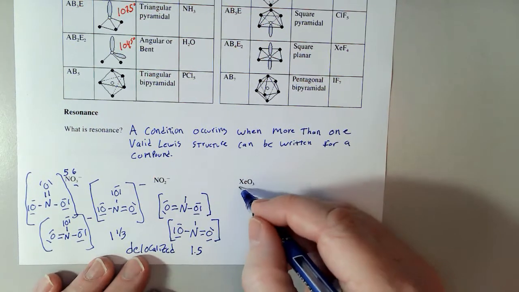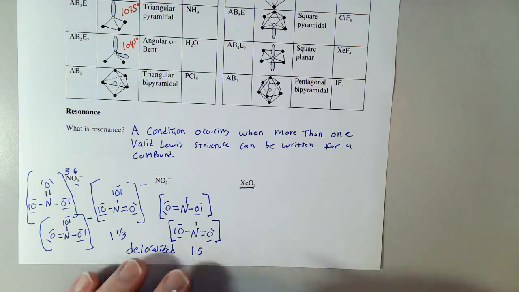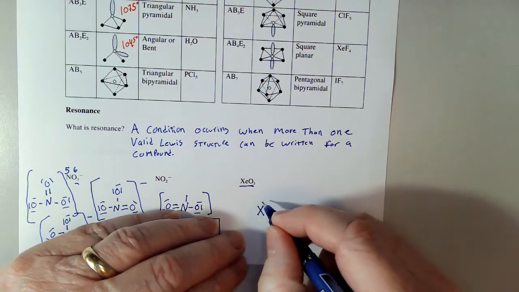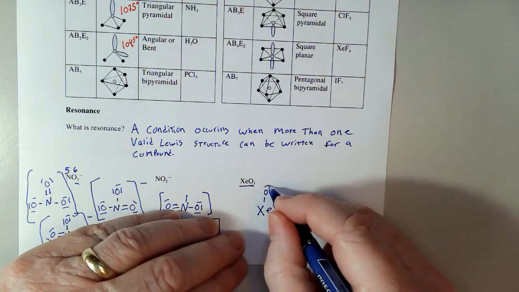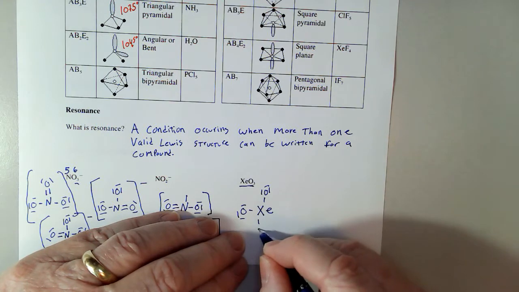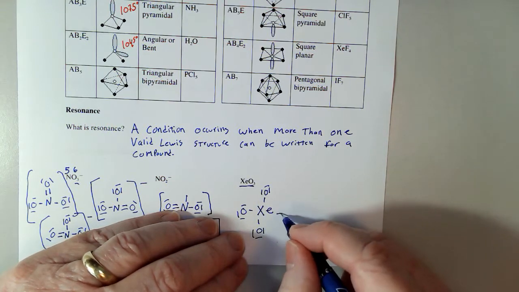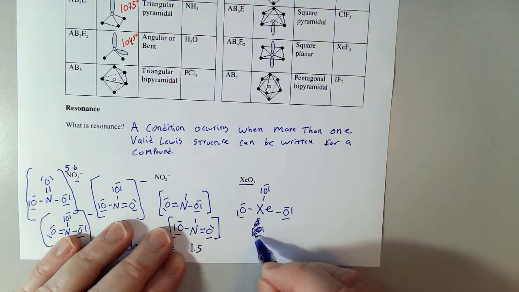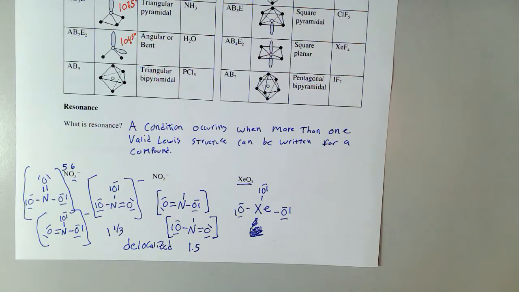Now, XeO3, that's an interesting challenge. On the AP exam, even, they let you get away with this. All single bonds, they happen to be coordinate covalent bonds. 3 lone pairs on each of the oxygens. Okay, I'm sorry. Get rid of that one. There we go. Now, that's going to be a lone pair. That's great.